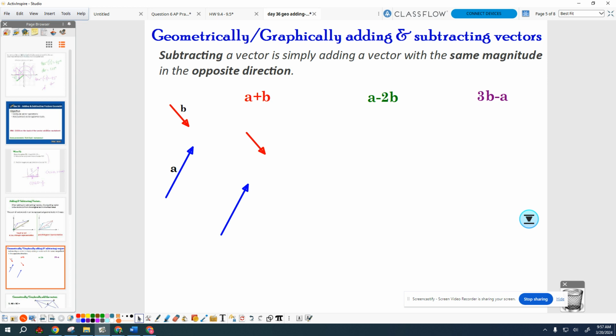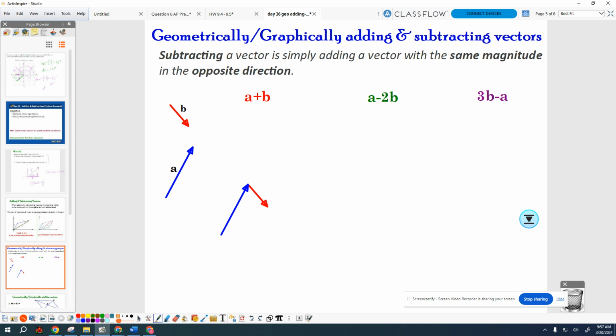So those two that I moved aside, how would you do A plus B? Okay, what do you guys think? So, all right, the answer to A plus B.